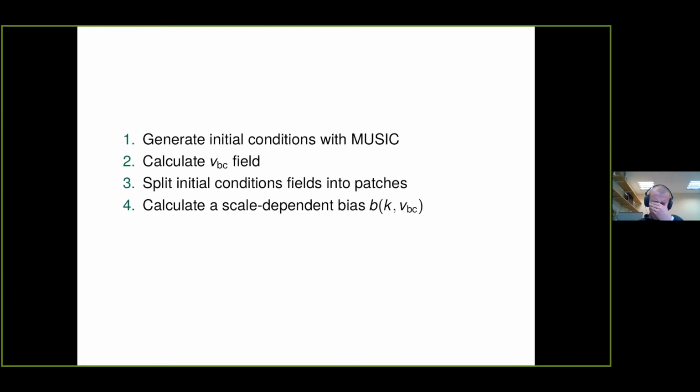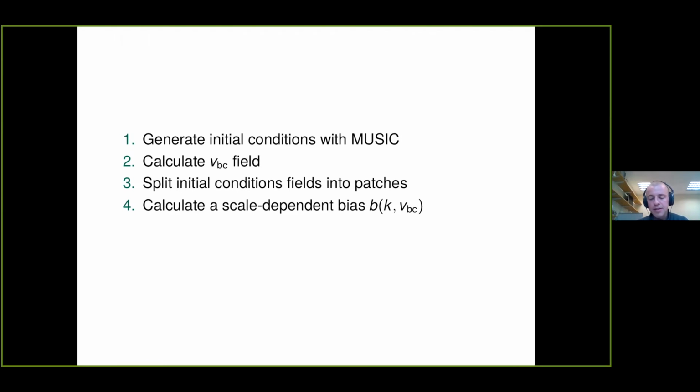So you don't include this relative velocity effect. You don't include the effect that the relative velocity has on the density perturbations. So it's like saying in each patch the VBC is 0. So we just take the ratio of what we'd expect the fluctuations in the patch to be given this VBC with what they actually are.